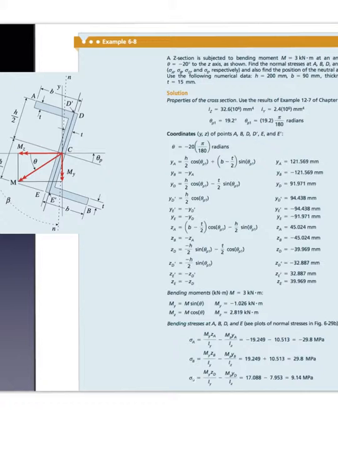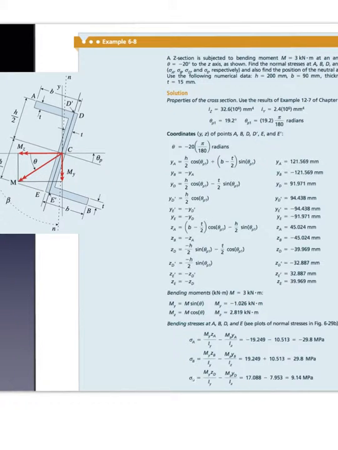Now we must calculate the normal stresses at each of the points A, B, D, D prime, E, and E prime. The direction of our total resultant bending moment, this one here, is at an angle as shown in this figure.